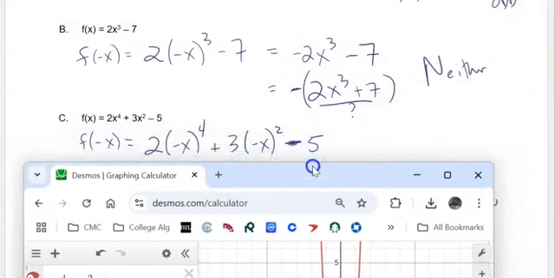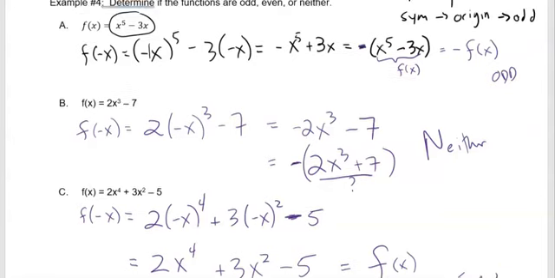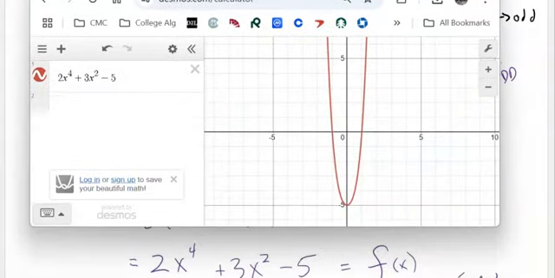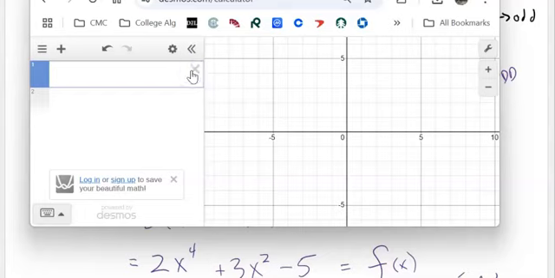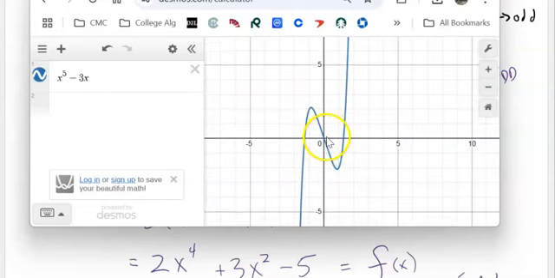All right, let's look at that other one. That was x to the fifth minus 3x. See if we can see the odd symmetry there, which is a little bit harder to see. So can you see the symmetry around the origin?